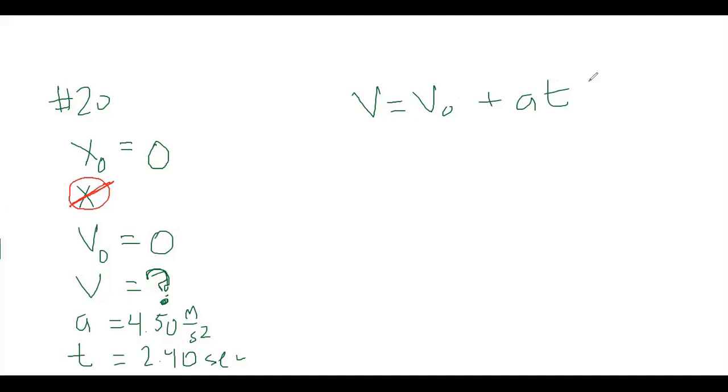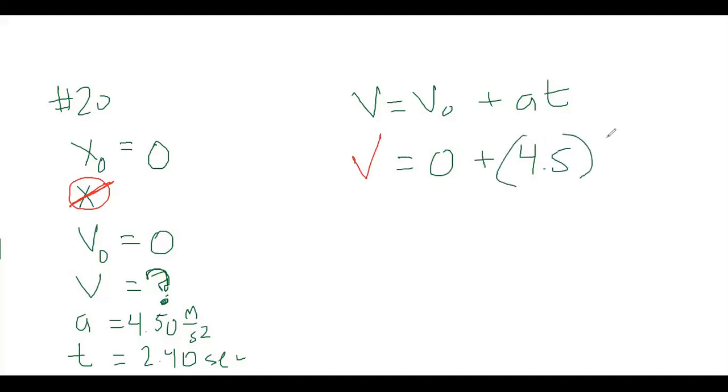Notice we're looking for v. That's our unknown that we need to find. We need to find v. We have a, we have t, we have v naught. So our goal is to find this v. We don't have to do any algebra. We know this is 0 plus 4.5.